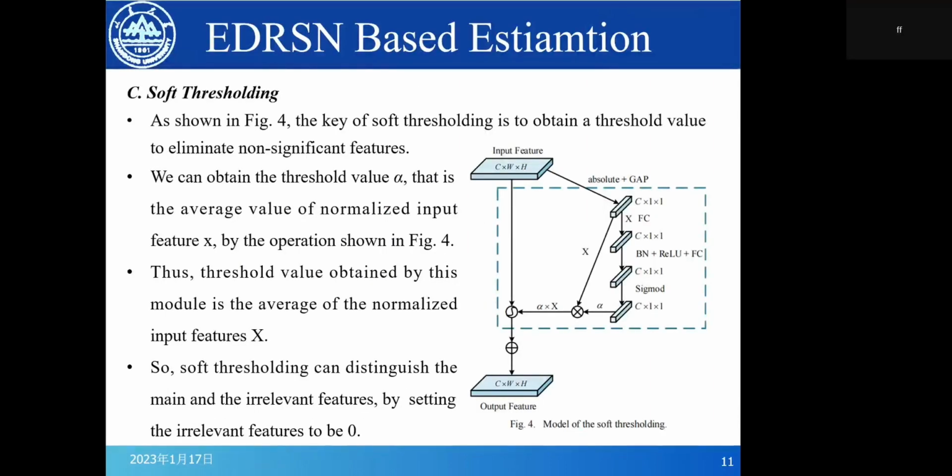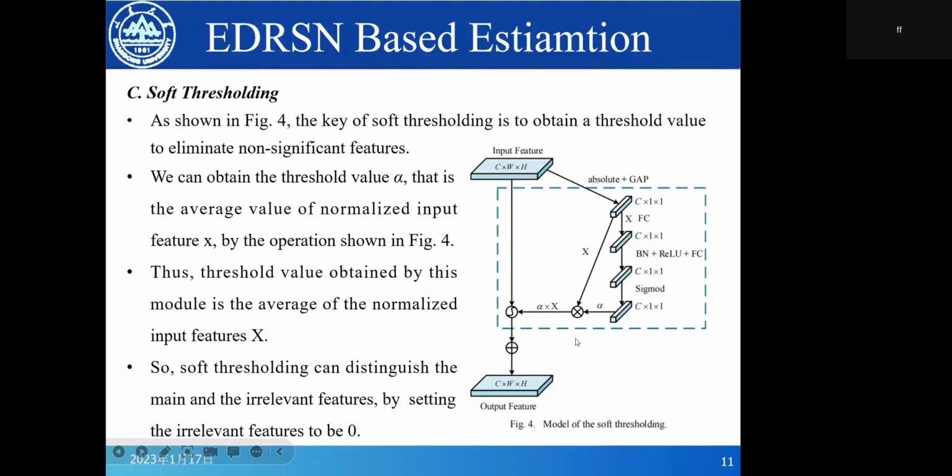Finally, we introduce soft threshold. As shown in figure 4, the key of soft threshold is to obtain a threshold value to eliminate non-significant features. We can obtain the threshold value alpha, that is the average value of normalized input feature x, by the operation shown in figure 4.